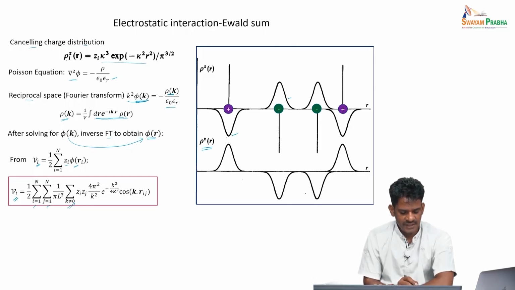This basically indirectly takes care of the summing over all the neighboring boxes, and you have the factor Zi Zj, and then you have this cos of k dot Rij. So, we have to select a set of wave vectors, and for those chosen wave vectors we have to operate this and get a long range contribution.